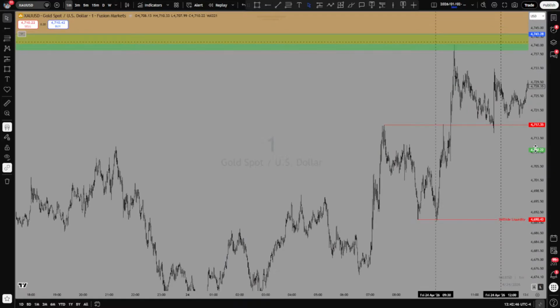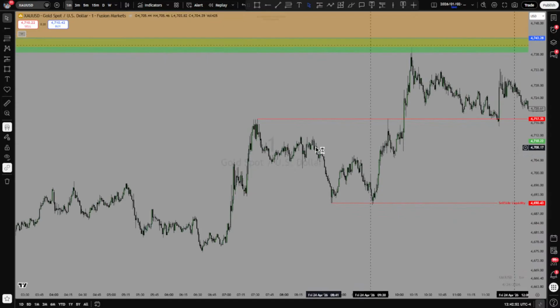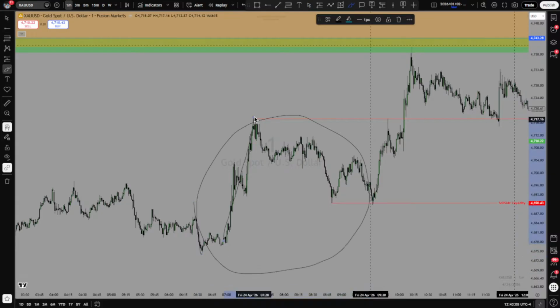Usually, what I do on this price is look at it before pre-market. I look at this data and understand that we made higher highs during this time.